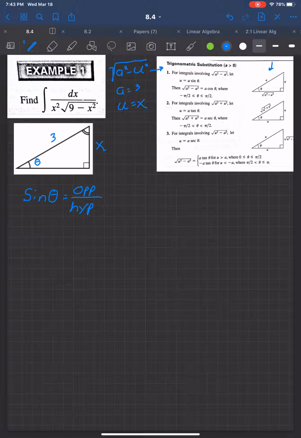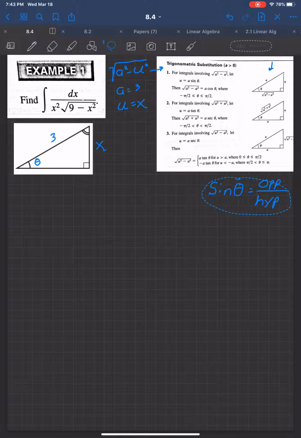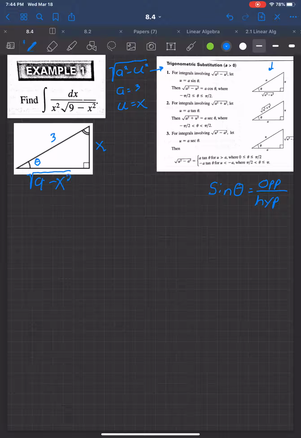Now, with that setup, I'm going to move this sine of theta over here. If I label those two sides of that right triangle, then all of you would know that you can always get the third side by setting up a Pythagorean relationship, and this would be the square root of 9 minus x squared.